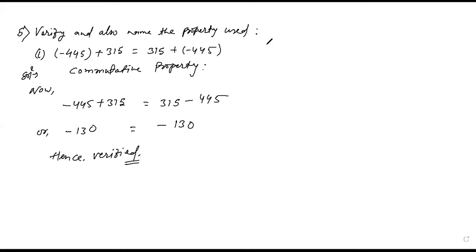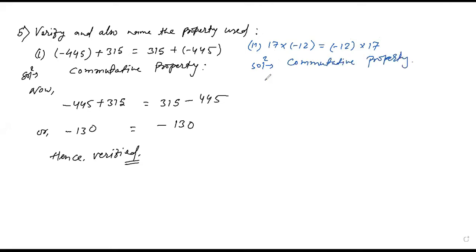Number 2: 17 into minus 12 is equal to minus 12 into 17. Again, this is which property? Commutative.